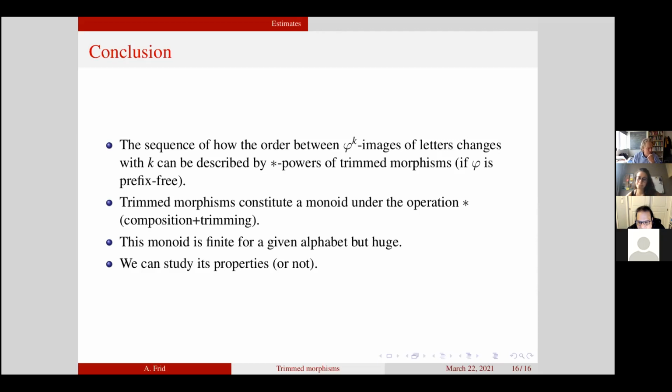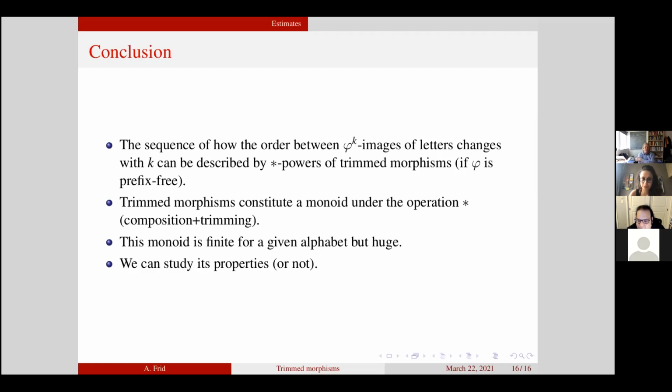Yes. Okay. I think my question was not very smart because it's evident that it contains this monoid. You just take a function from the alphabet into itself, which defines the morphism, which must be trimmed, I suppose.